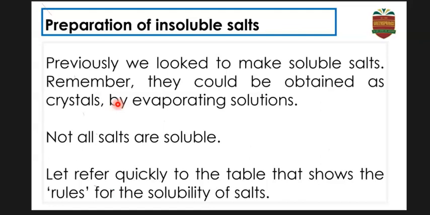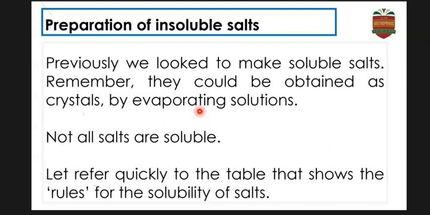So it's very important at this point for you to refer to the table of solubility, because if we want to form an insoluble salt, we need to know examples of those salts that are insoluble. That will help you in the combination of the ions in the salt you will choose in preparing this insoluble salt.